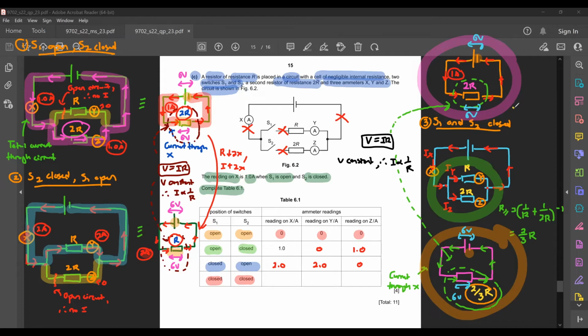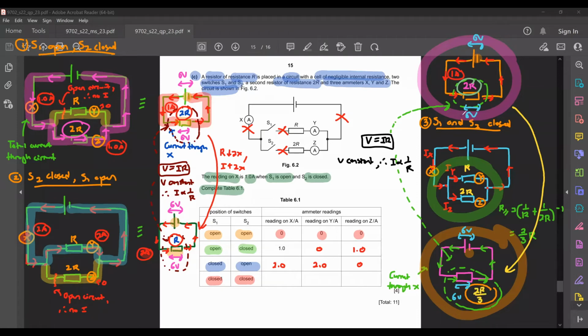Going from the first diagram to the second diagram, what actually happened to the resistance? We can see that our resistance here was originally 2R. But when we went to the second diagram, it was 2R over 3. Let me just rewrite this resistance value. 2 over 3R is the same as 2R divided by 3.